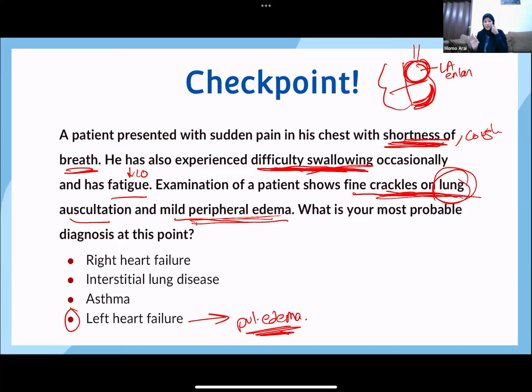That's your main differentiator between right and left. So with right, you would not have lung symptoms, and you would not have swallowing symptoms. You could have edema, and it would be very obvious, not mild. Is that clear? Why the answer is left heart failure?